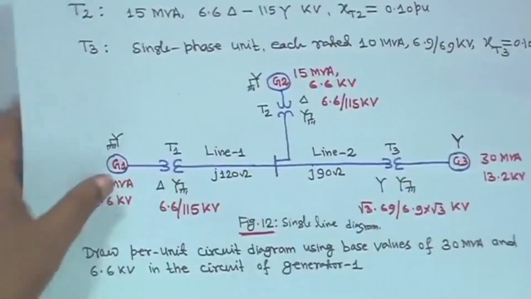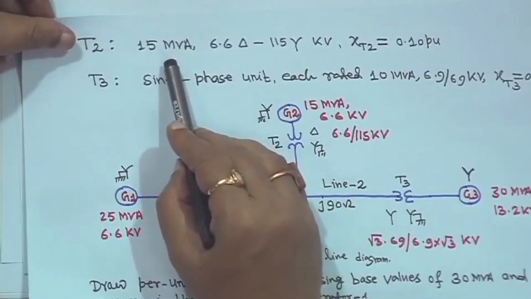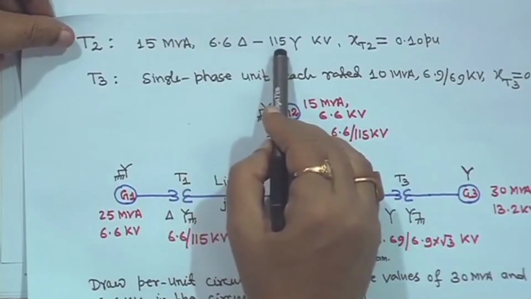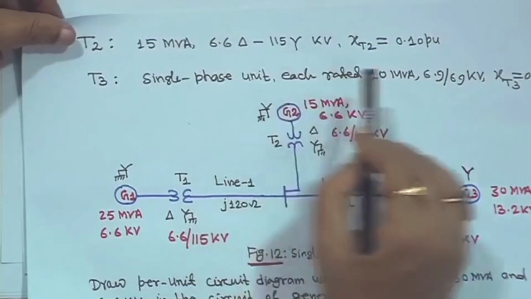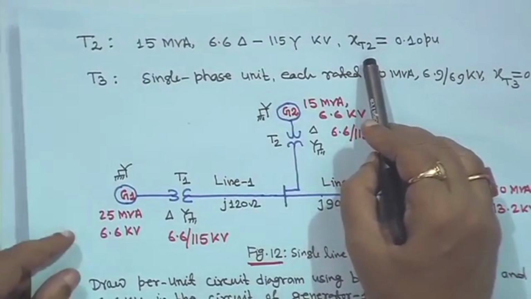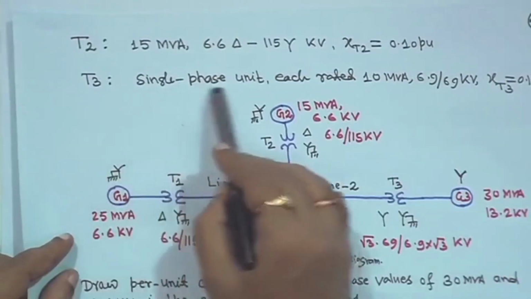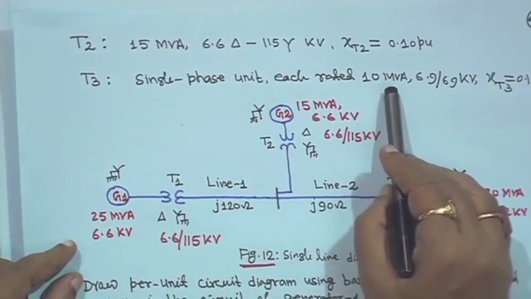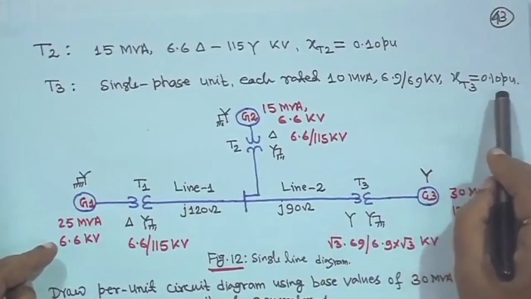Similarly, transformer T2 is 15 MVA, 6.6 kV delta side and 115 kV star side. I am writing kV here, but it is understandable, right, and the reactance of transformer T2 is 0.10 per unit. Transformer T3 is actually made of single phase units, each rated 10 MVA and 6.9 upon 69 kV, and X_T3 is given as 0.10 per unit, right.